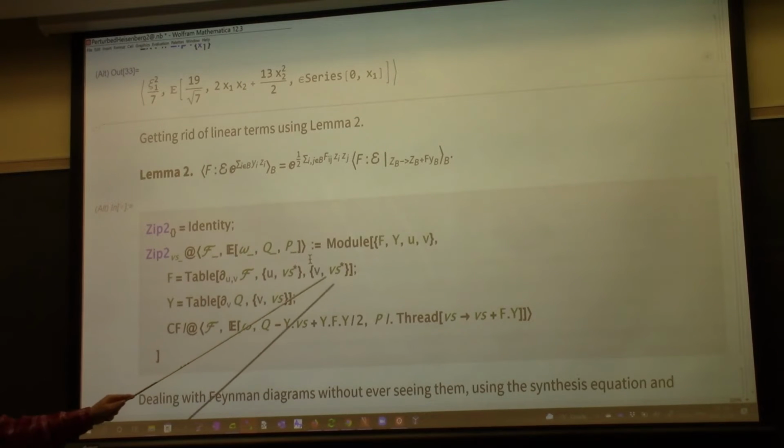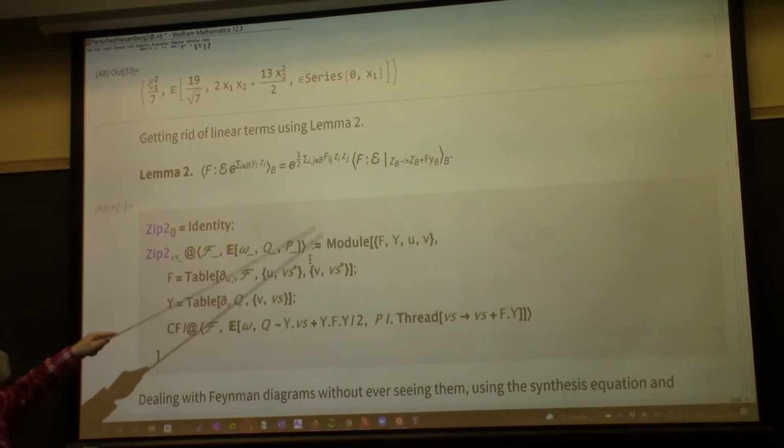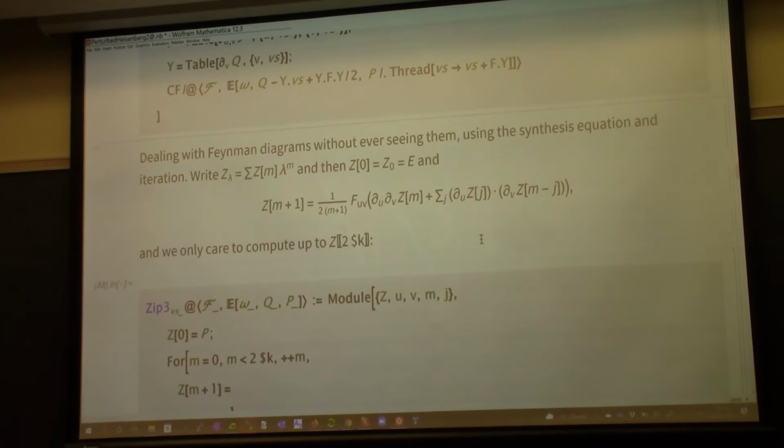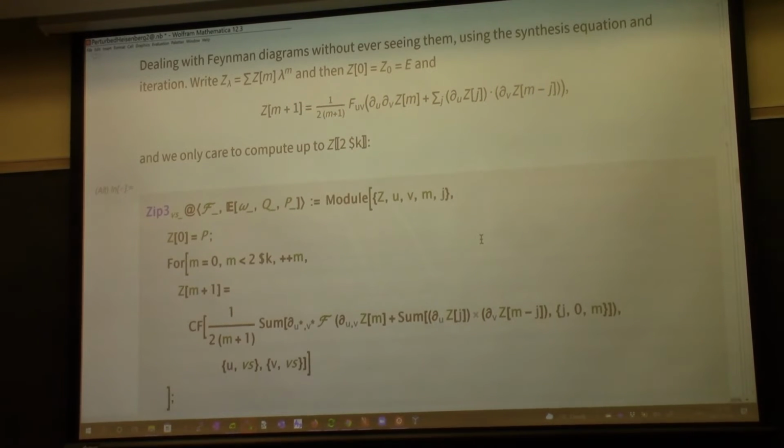F is again this matrix of coefficients, and the output is just a way of writing that. So it's really not exciting. And finally, there is zip 3, which assumes that Q has no linear and no quadratic part in the variables we are zipping.